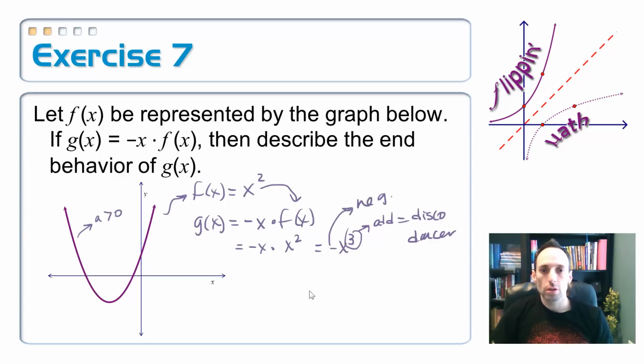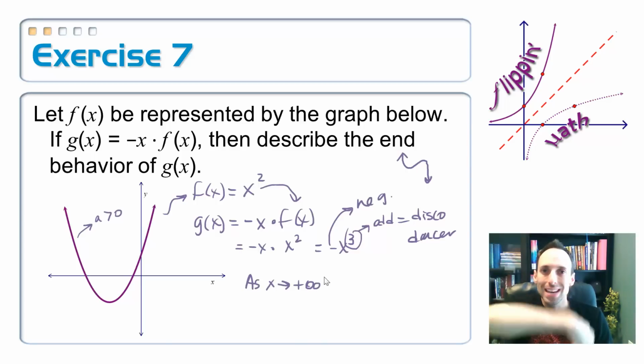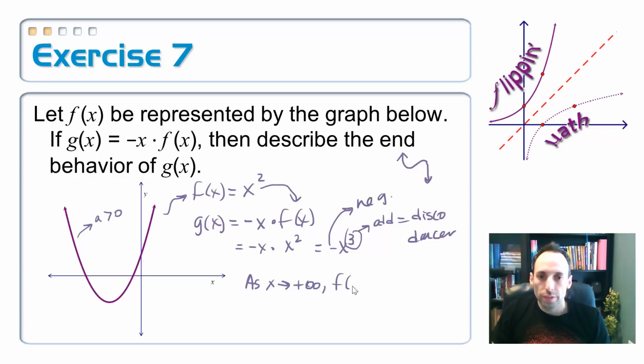So let's draw ourselves a little sketch for this, and it should look something like going downhill, like so. And now my end behavior: as x approaches positive infinity, my graph is going down, f of x is going to negative infinity. As x approaches negative infinity, it's going to the left, our graph's going up to positive infinity.